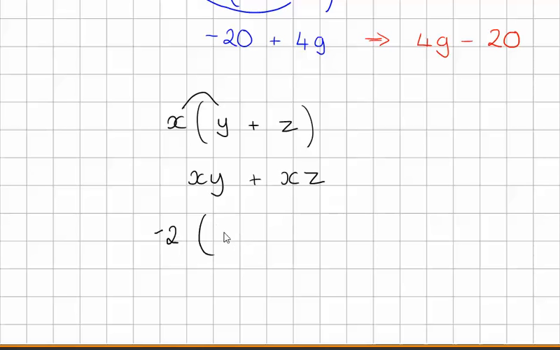Negative 2 times 3x minus 4y plus 2z. Minus 6x plus 8y minus 4z.